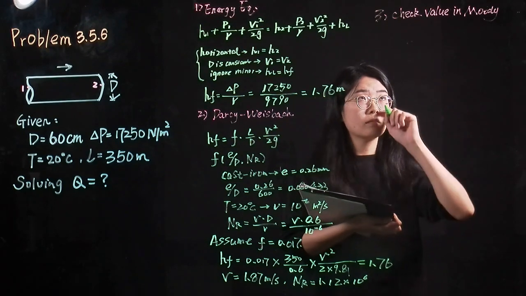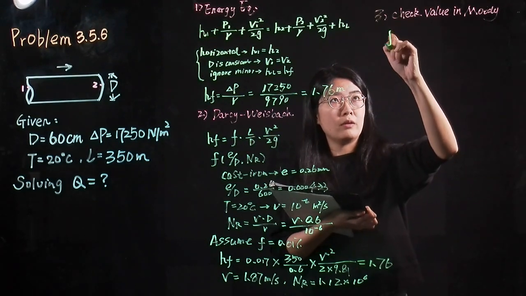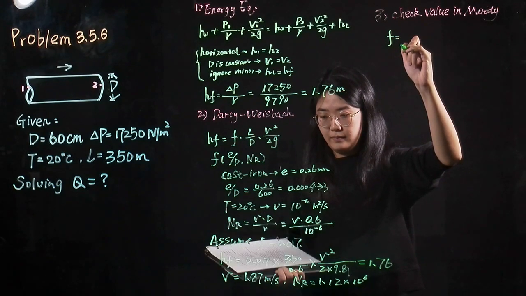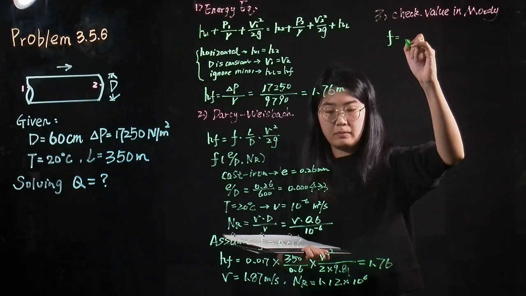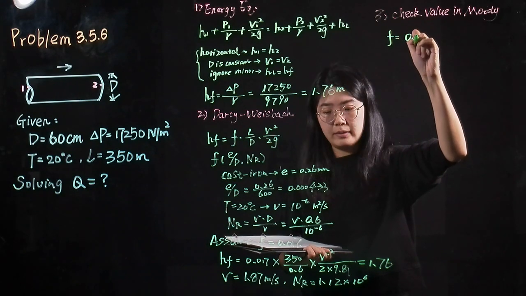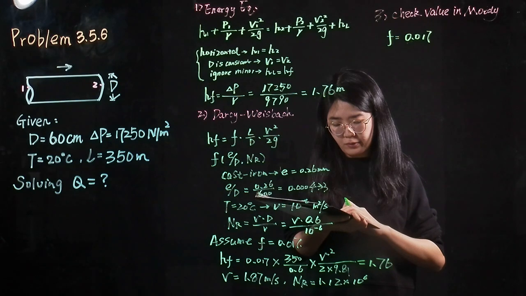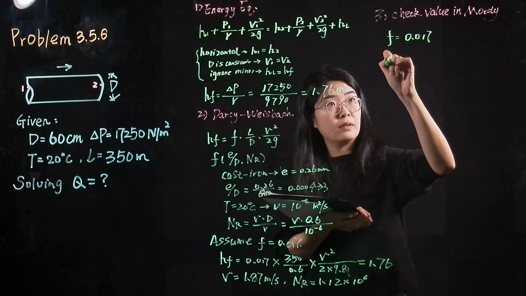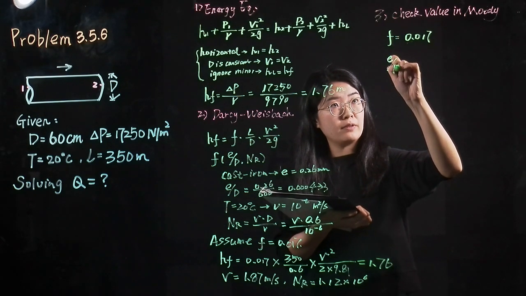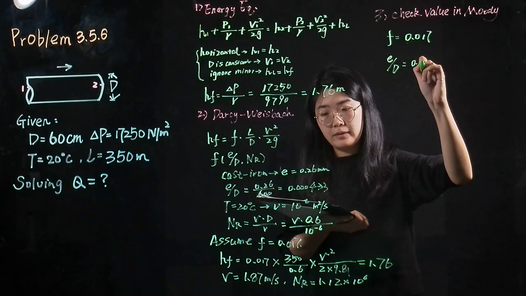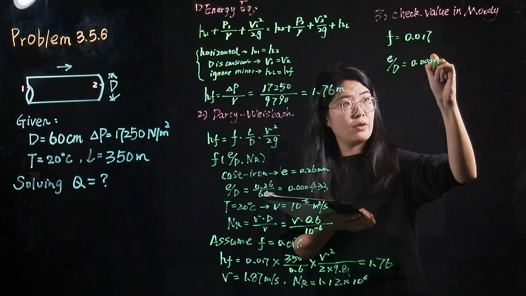We know the friction factor, we assume it is 0.017, and also the relative roughness is equal to 0.00043.